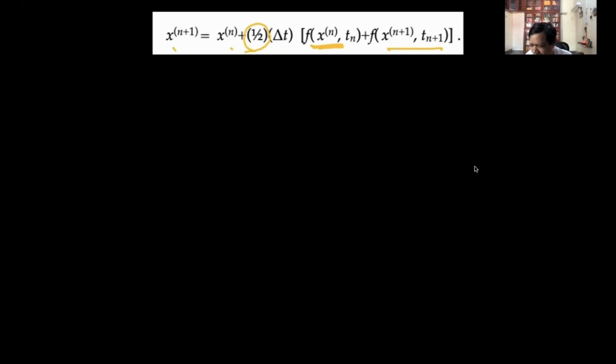Okay, now this scheme is interesting. It's a marriage of forward and backward. So this is forward Euler and this is backward Euler. Okay, so this part is easy. We know this xn, so I can compute f, but I don't know how to compute this one. So you need to solve it.